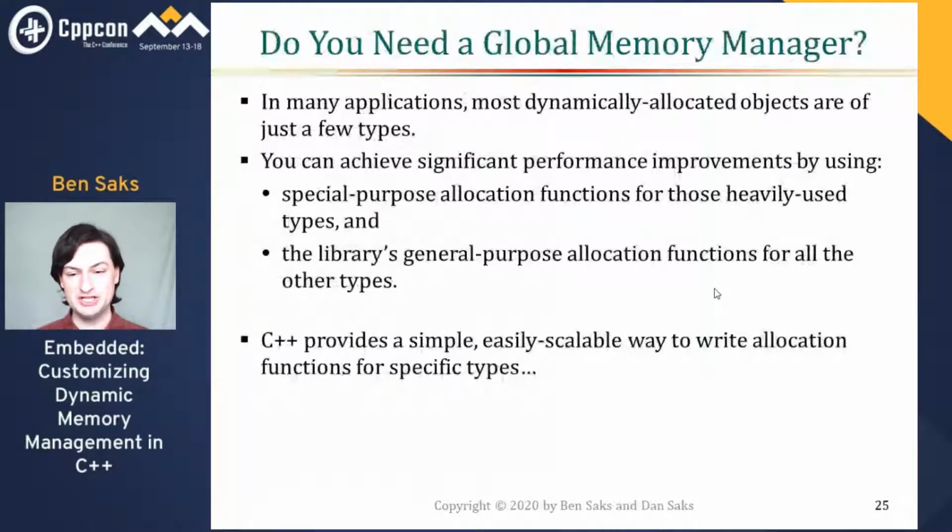In a lot of applications, the dynamic memory allocations are focused on just a few types. That is, you might be allocating a lot of different kinds of objects, but what you would see is you have 2 or 3 of type A, 2 or 3 of type B, and then a million of type C. It's not uncommon to see that in an application, most of the dynamic allocations are done for just a few types.